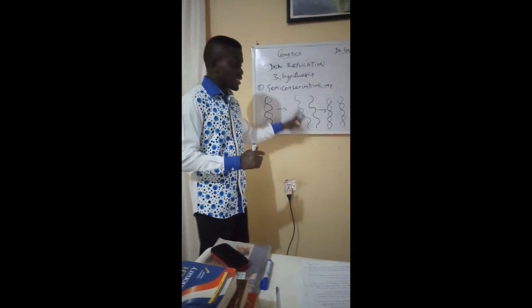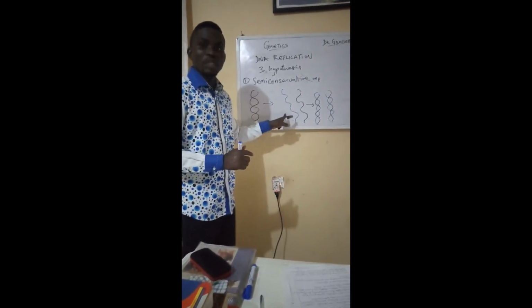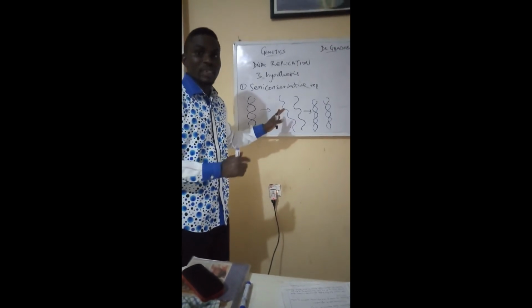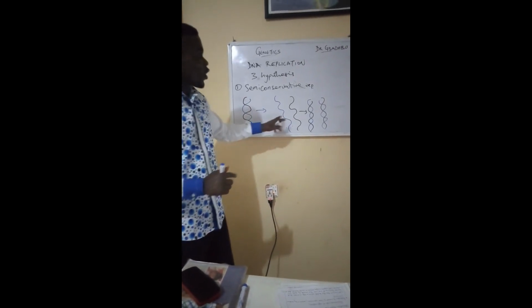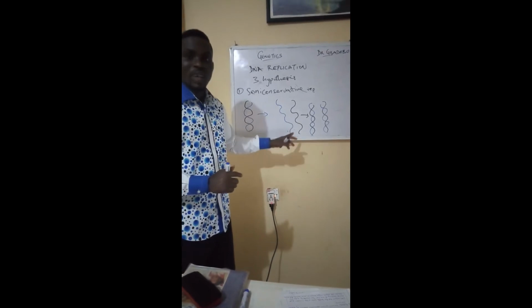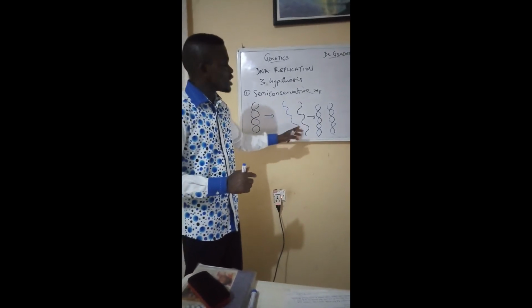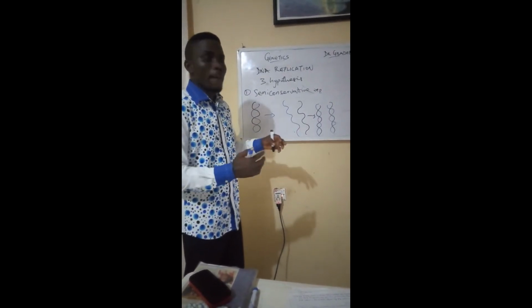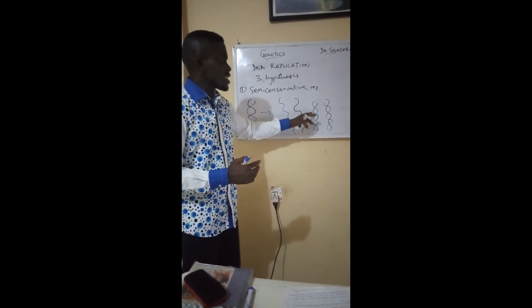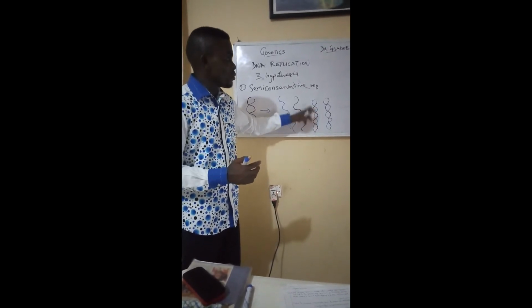It unwinds, forming two template strands, and then each of the strands becomes a template strand through which a new strand is formed.